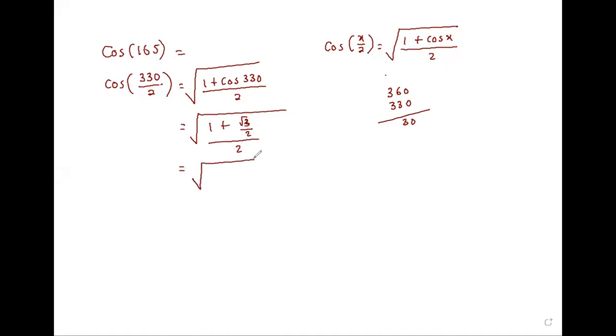So we'll have 2 plus root 3, and then we divide by 2, which is like multiplying down by 2 here. So then it will be 2 plus root 3 over 4, which becomes root 2 plus root 3 over 2, since we know the root of 4 is 2.